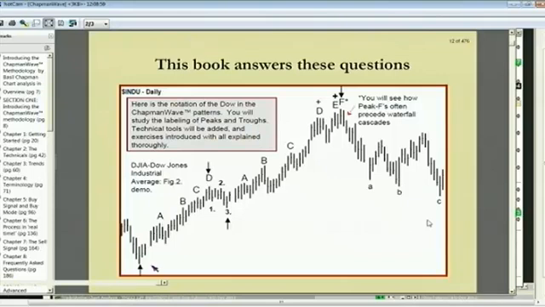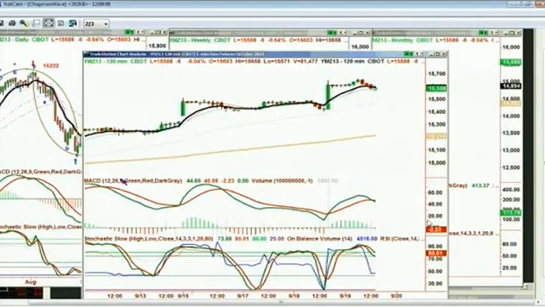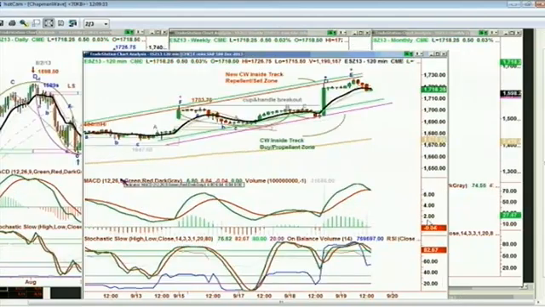E-mini, 120, right here, ESZ. And I explain what the parameters are, how we're looking at the methodology of the Chapman wave, how I put in the down arrows or the plus signs or the little caps when there's an extension that's gone beyond what was a sell signal, and how I use the MACD, the moving average convergence divergence, and the slow stochastic that's at the bottom there.